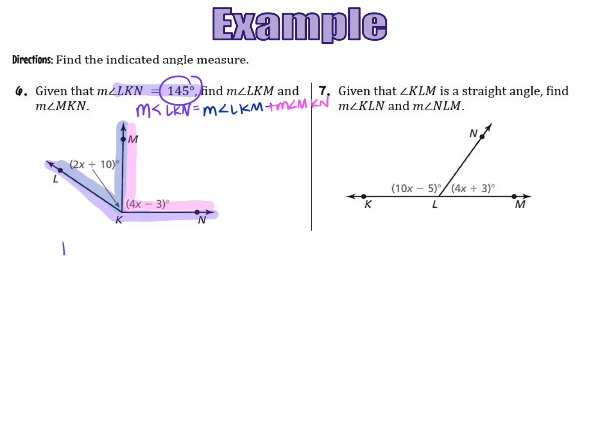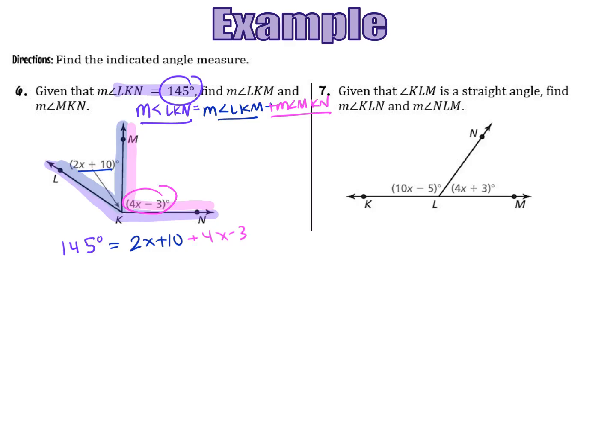I'm going to come down here with my work. So I know that the measure of angle LKN is 145 degrees. I know that according to my diagram, this angle is 2x plus 10 degrees, and this angle is 4x minus 3. So I started by identifying what I know to be true using segment addition.